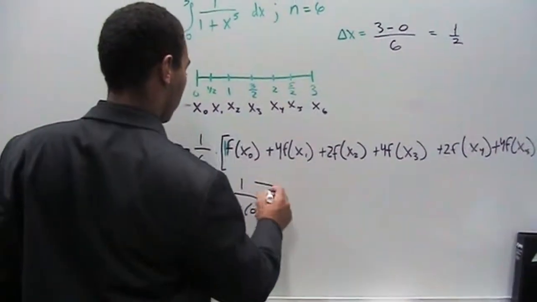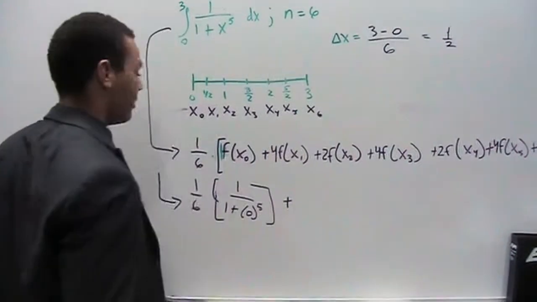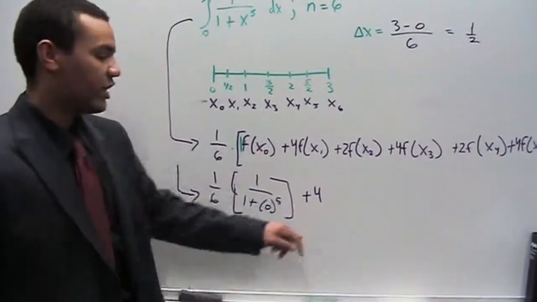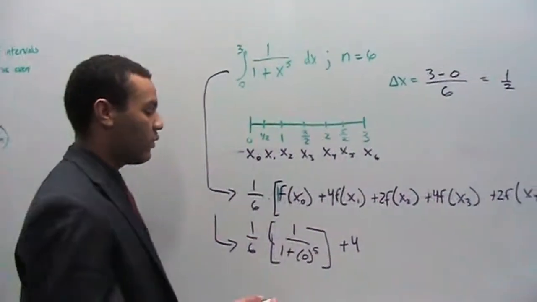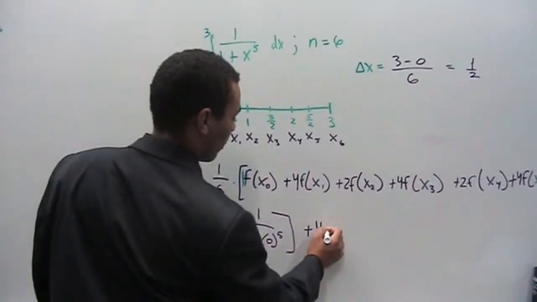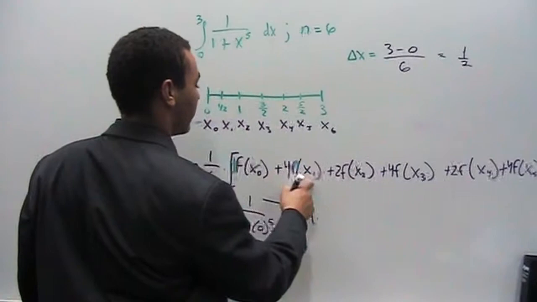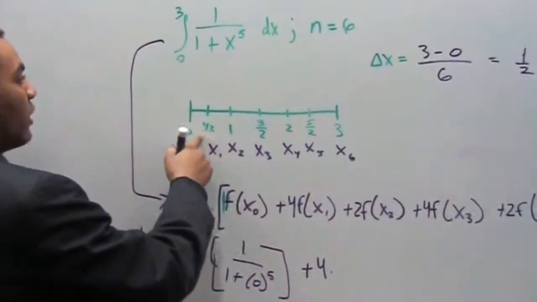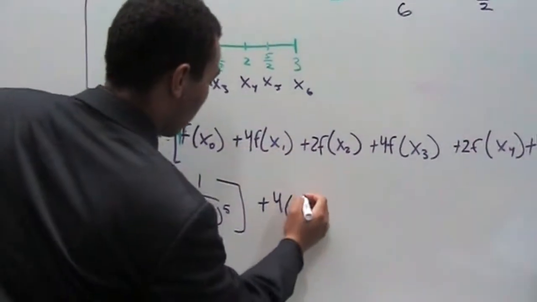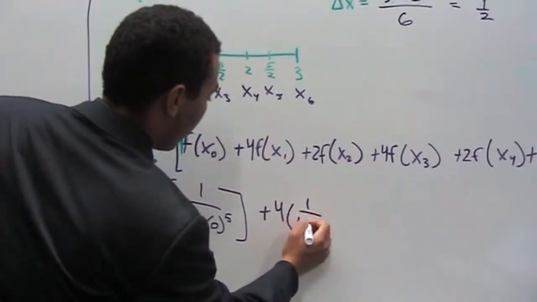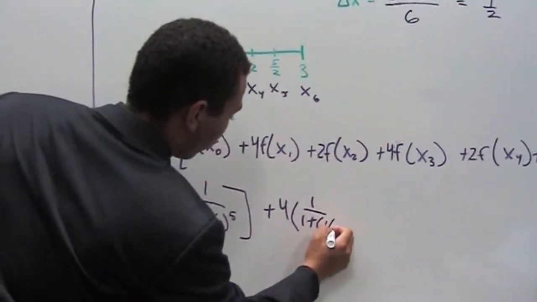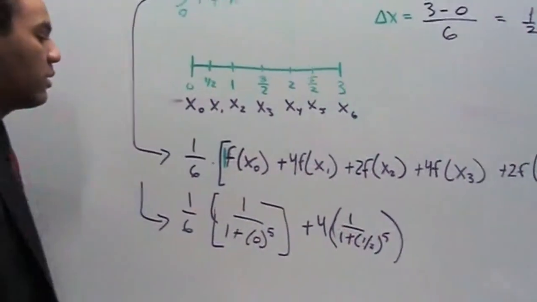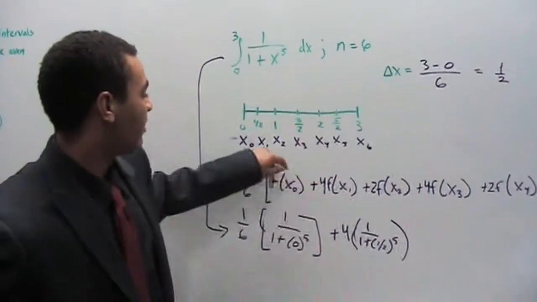And so then we continue on. We add 4. So we start with this 4 coefficient here, and then we're going to start with the pattern of 4, 2, 4, 2. And then we go f of x subset 1. And we look and see subset 1 is equal to the value of 1/2. So we go 1 over 1 plus 1/2 to the 5th, because we plugged in the subset value here.